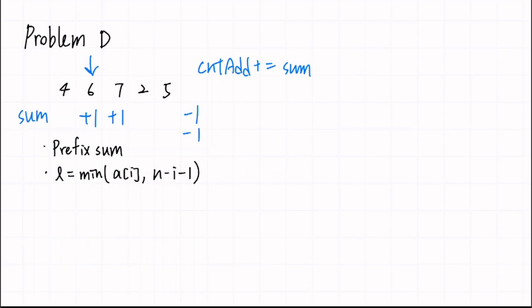And we can repeat this process each time, updating count add by the value of the sum and calculating the final value of stones that each alien has after they have given away their stones. And let's look at the code for more details.